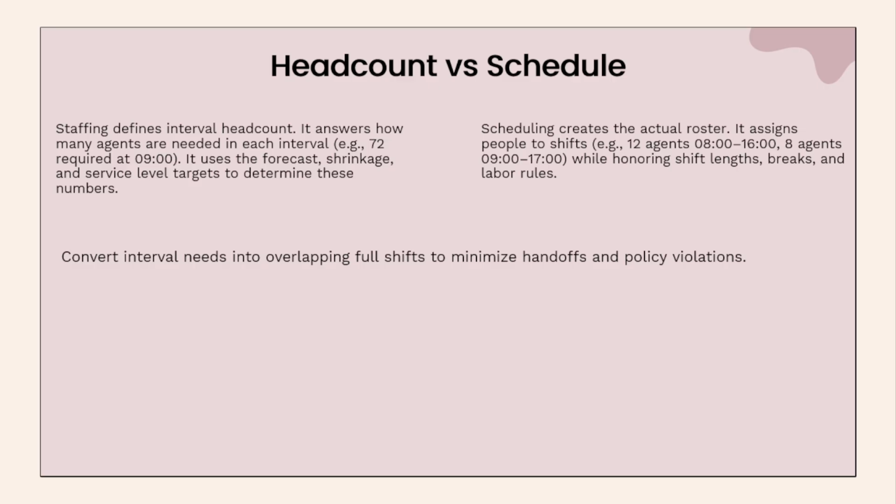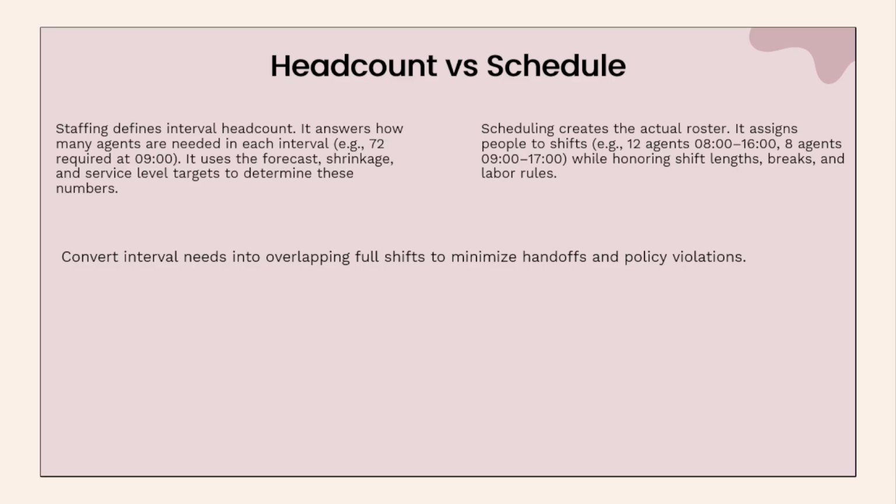When we did the calculation for 9 p.m., according to my forecast, considering the shrinkage and the service level, we reached the conclusion that 72 agents will be required at 9 p.m.